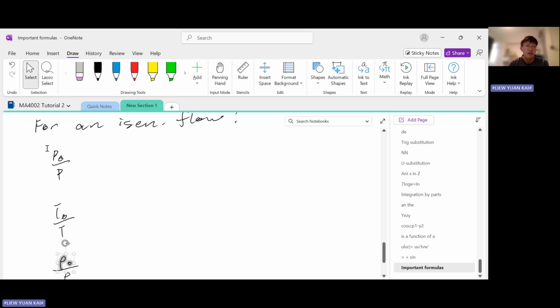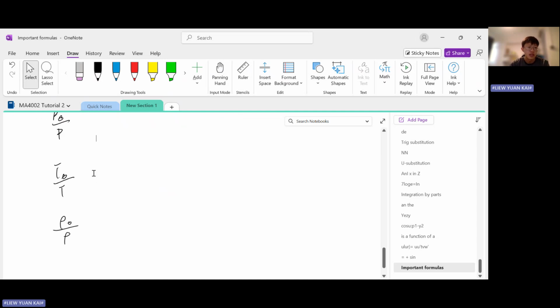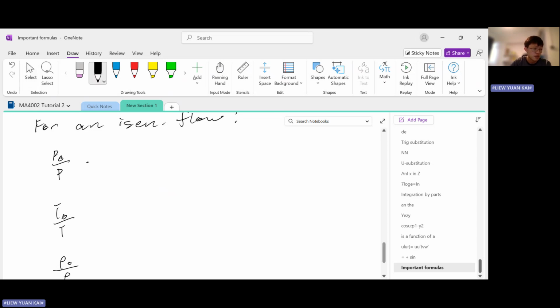Now, there is a relationship between the stagnation condition and its static condition. Okay, there is a relationship between the stagnation condition and its corresponding static conditions, and that relationship is given by this set of formulas here. So, for example, to relate the static condition to its stagnation condition, it's given by this formula.